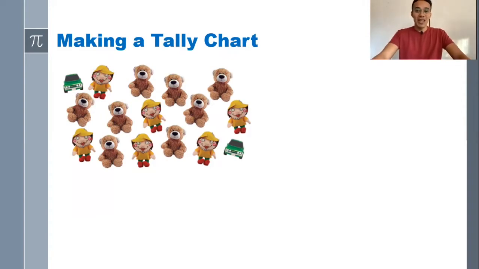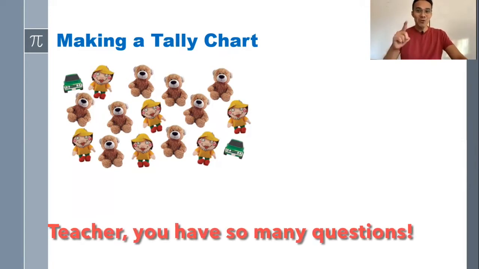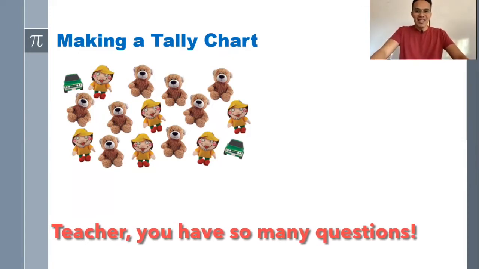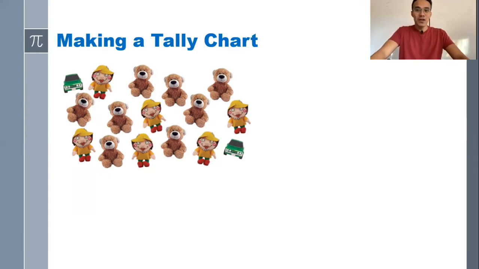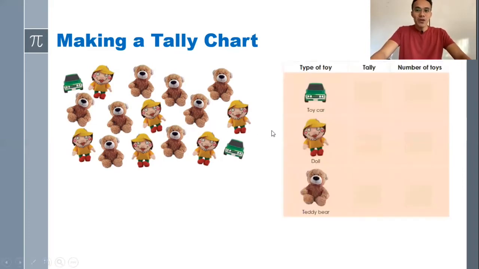The question here is, how do we make a tally chart? And why is it important to make a tally chart? Before I answer those questions, let's make a tally chart first out of these pictures. In making a tally chart, first we have to make this kind of table.